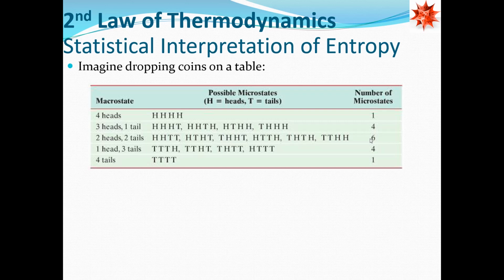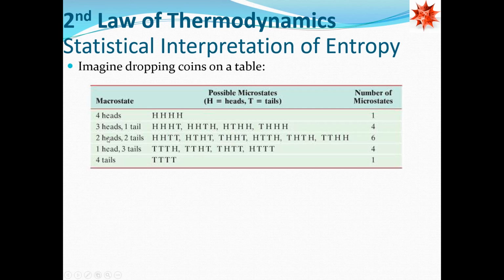So another way of thinking about this is if you were told a macrostate and you had to guess which ones were tails. The closer you are to something like this, the less of a chance you have, which means the sample is more disordered. If that makes sense.